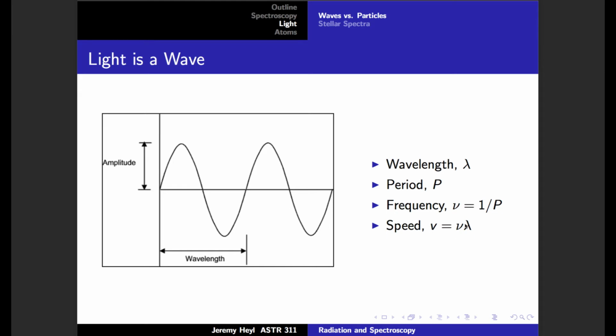Now, if we combine the wavelength and the frequency, that will give you the speed of the wave. So, I was telling you that you could measure the wavelength of the radiation in your microwave oven if you wanted to.